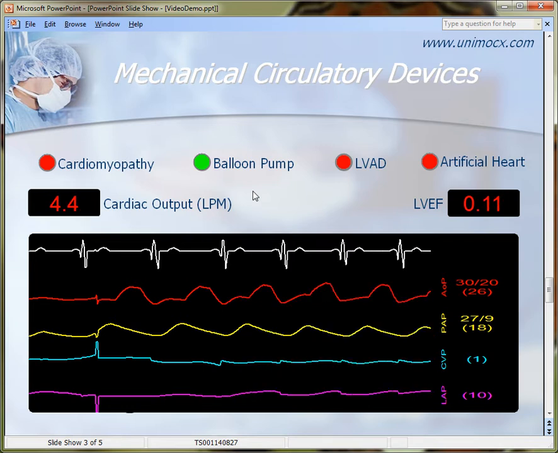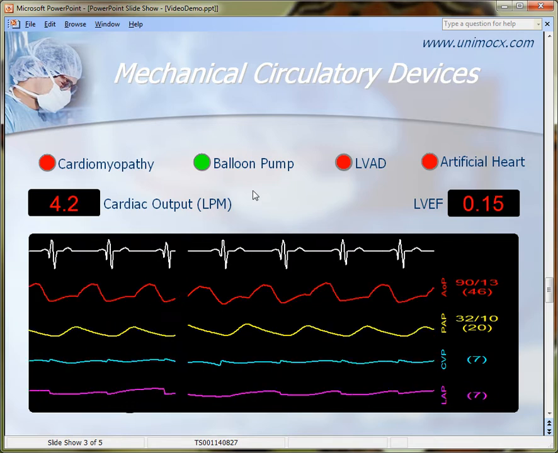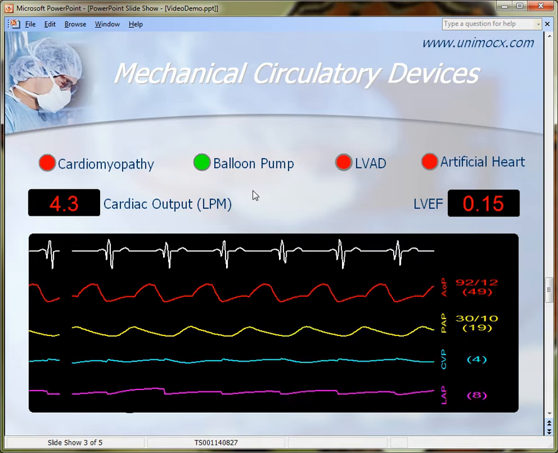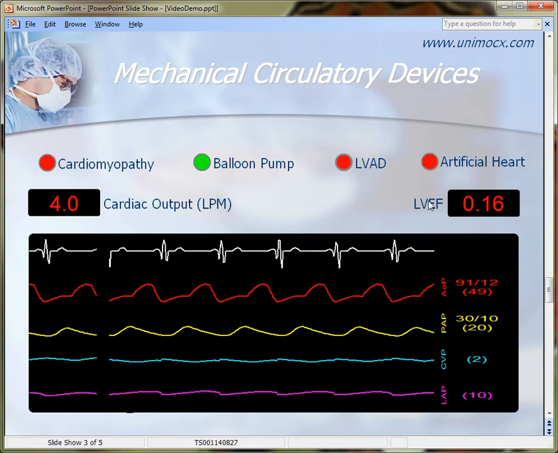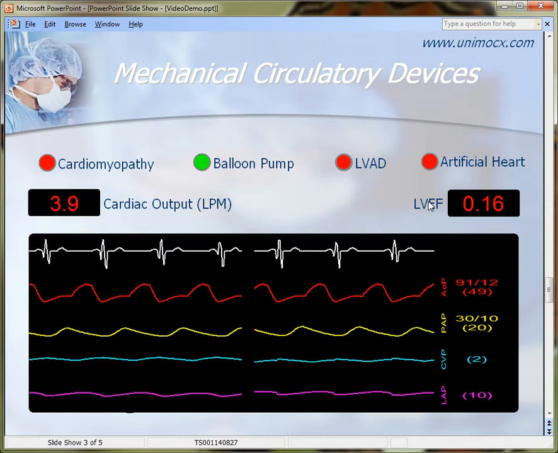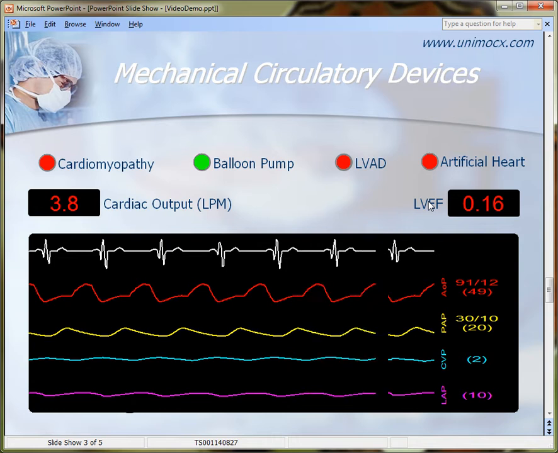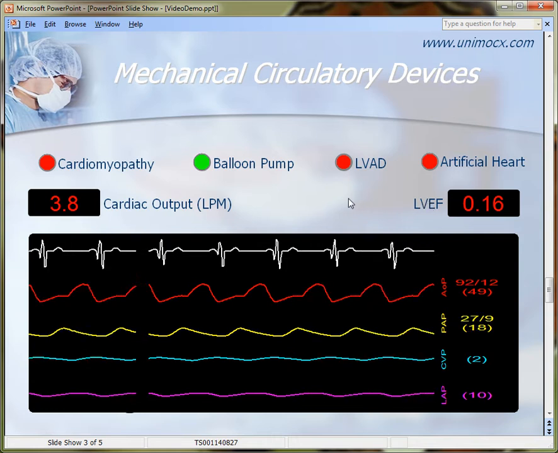Note that the aortic pressures show the characteristic signal of a balloon pump implanted patient. We've increased cardiac output to about 4 liters per minute, and we've increased our left ventricular ejection fraction by about 50% by reducing the afterload.